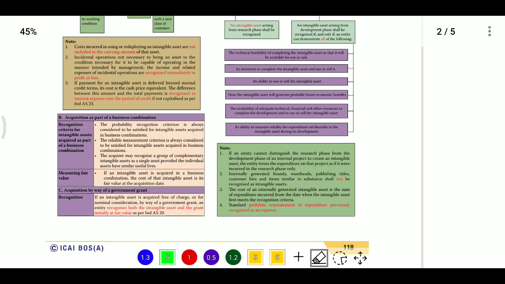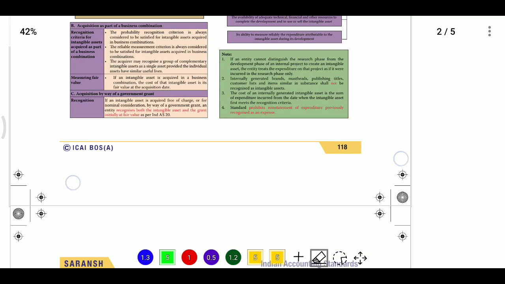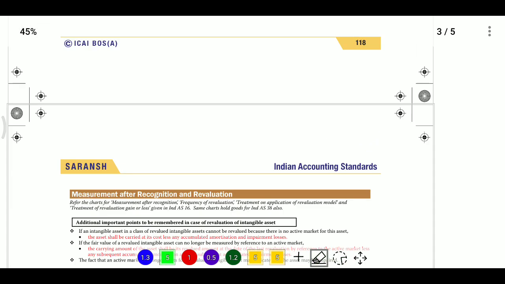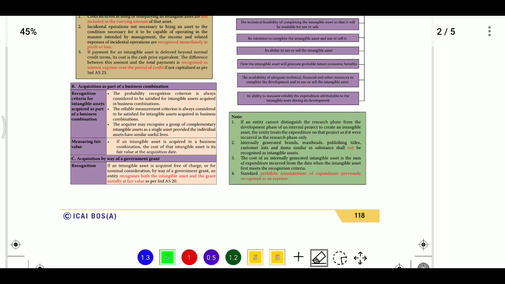Here we may get future economic benefits, but the future economic benefit is not certain, so marketing expenditure or advertisement expenditure is not considered an intangible asset.